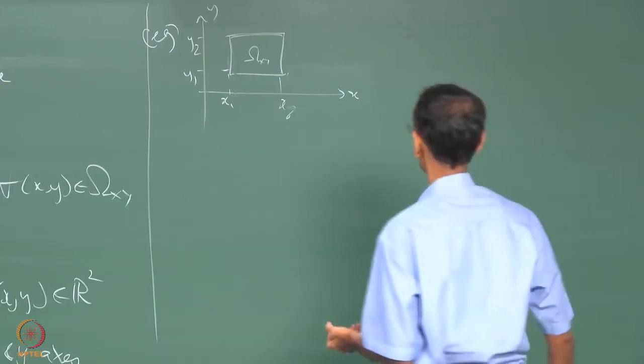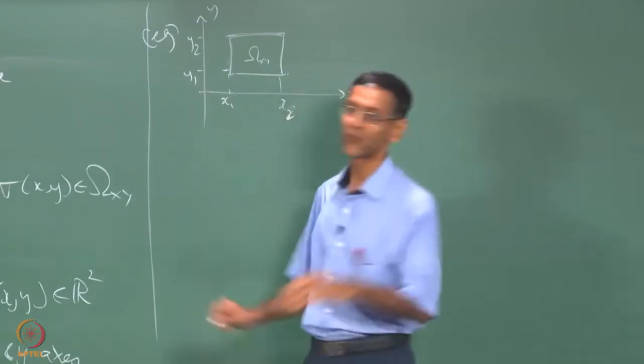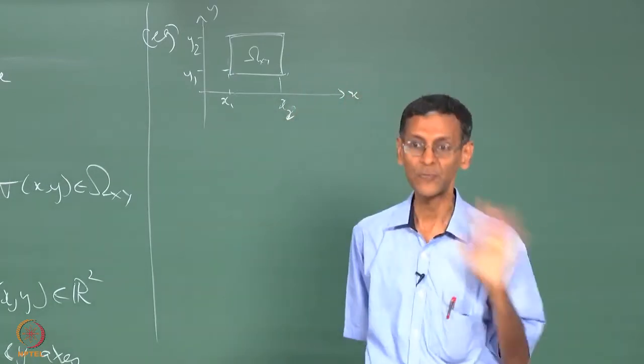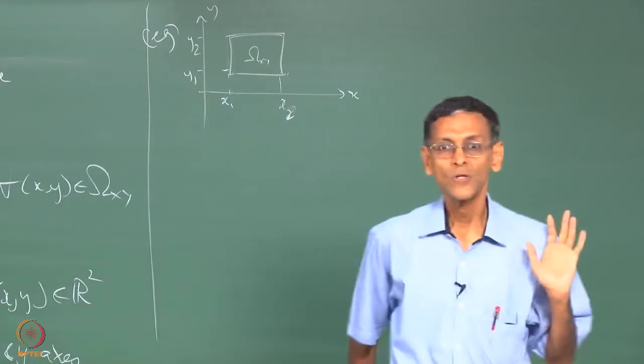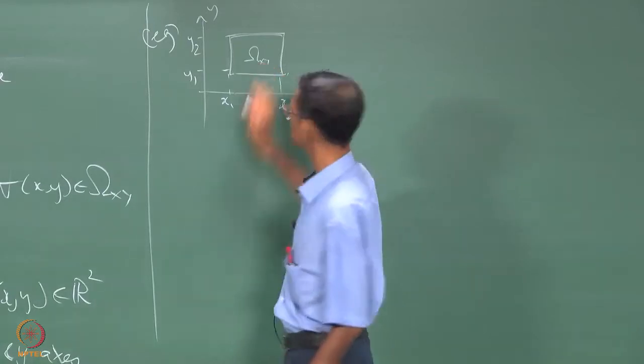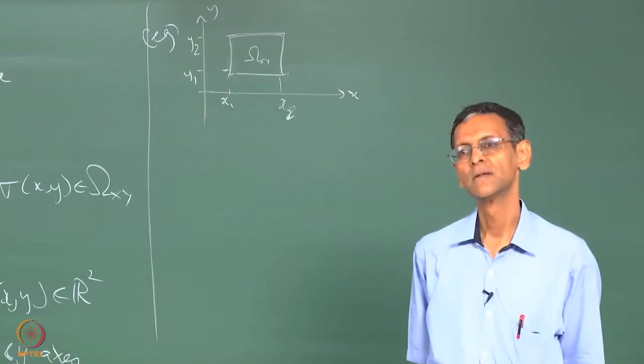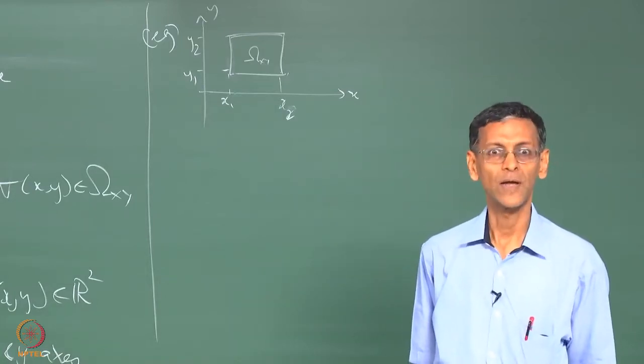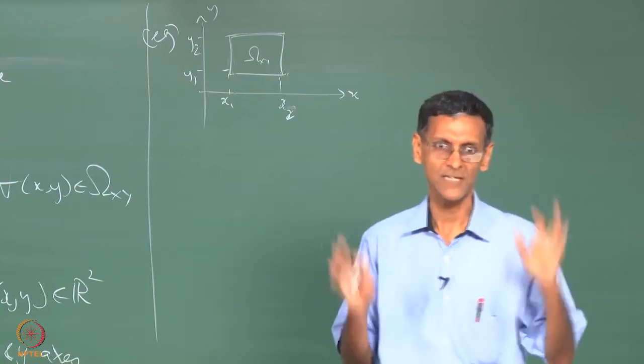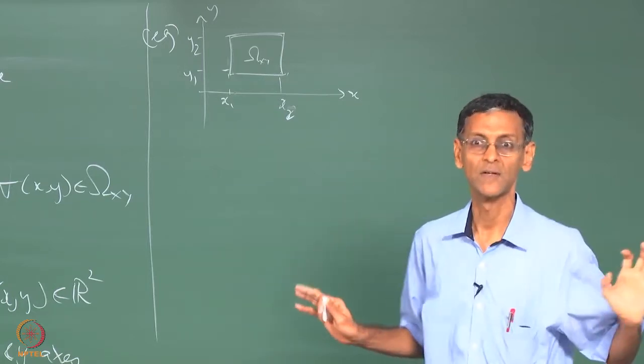If that happens, then you know for sure that x and y cannot be independent. They have to be dependent. So this is a necessary condition. This omega xy looking like this is a necessary condition for the independence of x and y. Of course, it is not sufficient, it is just necessary, just gives you a picture to start with, right.